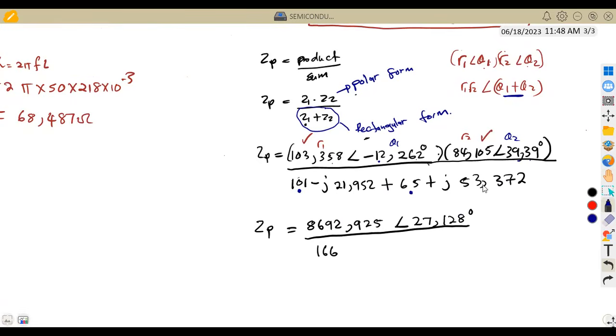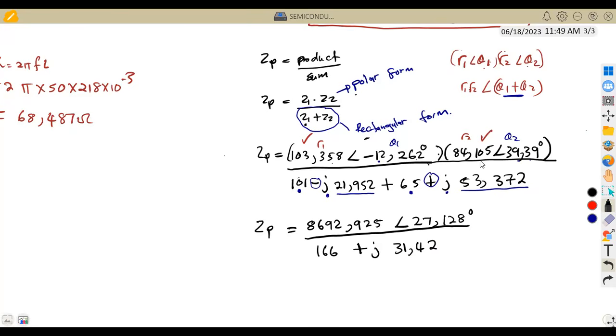Then you add the imaginary part together, the one that consists of a J. So this is negative 21,952 plus 53,372. If we add these two, we obtain a positive J 31,42 in this case.